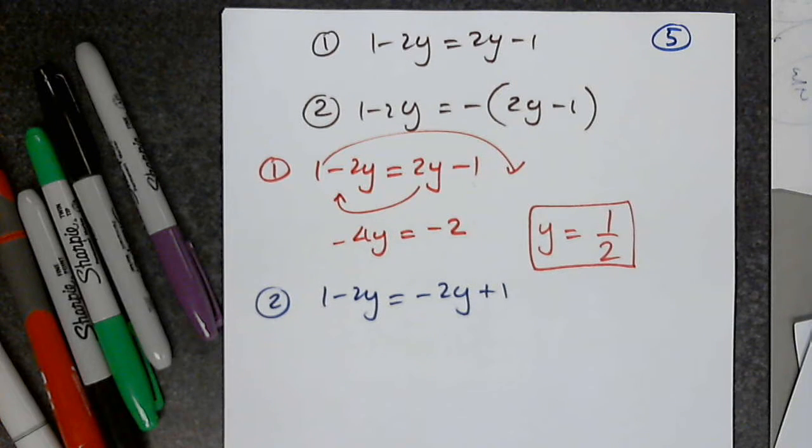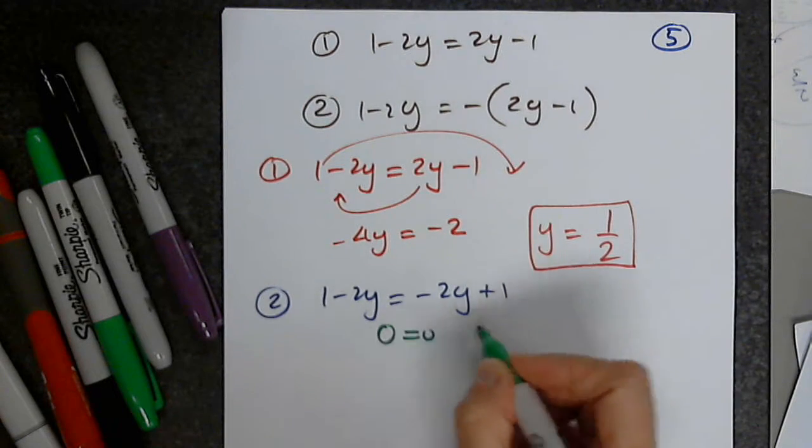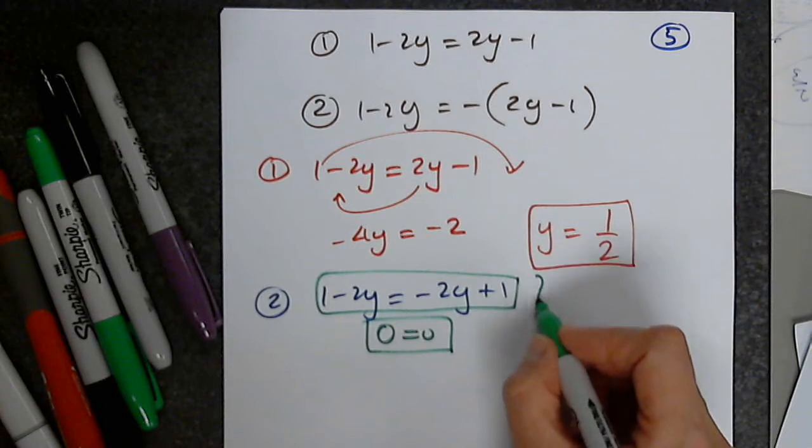You can choose examples from there too. So what do you think? It ends up being 0 equals 0. Right. What does this mean? How are they called?